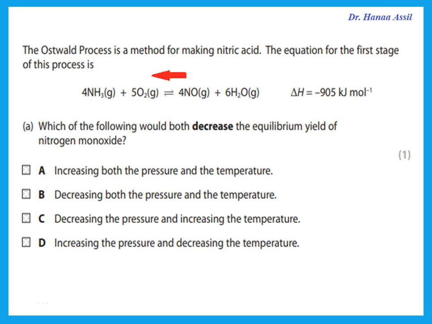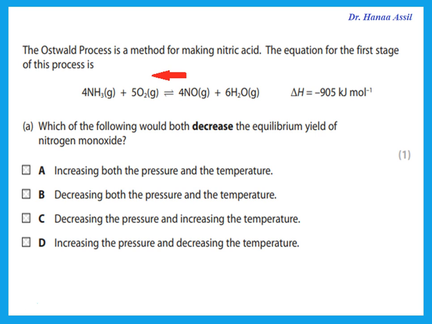Looking at the reaction, the delta H is negative, so the forward is exo. So if I wanted to go backward, remember I need to increase the temperature because backward is endo. I increase the temperature, it goes endothermic. So with respect to temperature, I want to increase it. What about pressure? I want the reaction to go backward. That means it will go to the side that will give less moles or more moles.